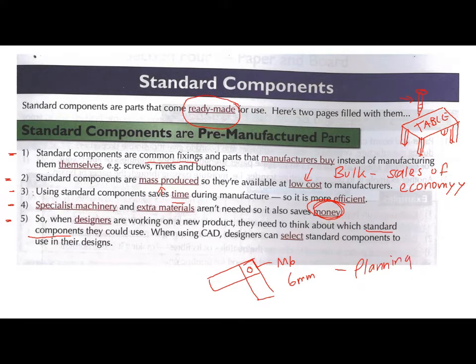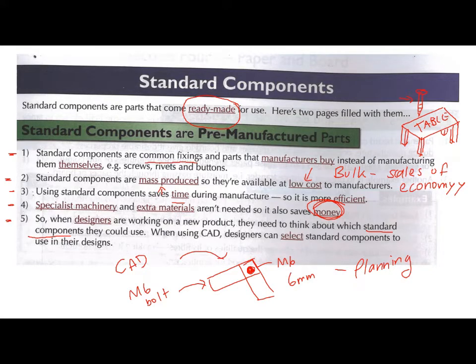You could order in the standard components really easily, and quite often in CAD programs you could specify and say I'm going to use an M6 bolt here, and that helps to plan and make the whole design process more efficient because you're already planning the types of standard components that would be needed in your product.